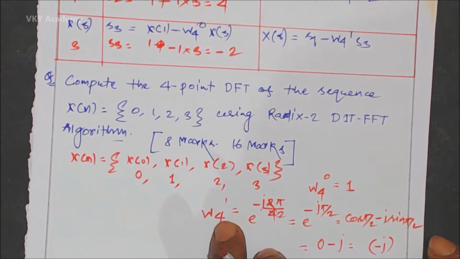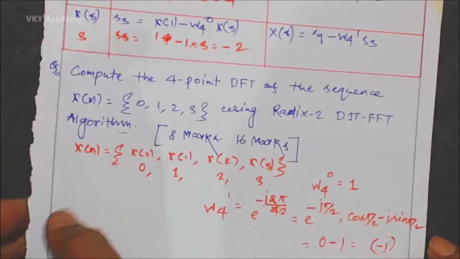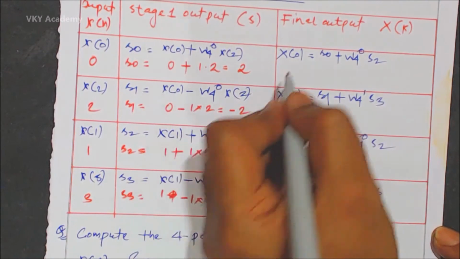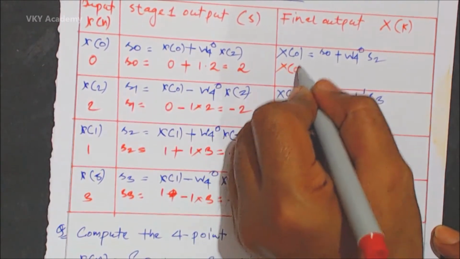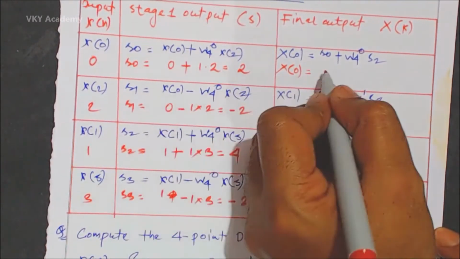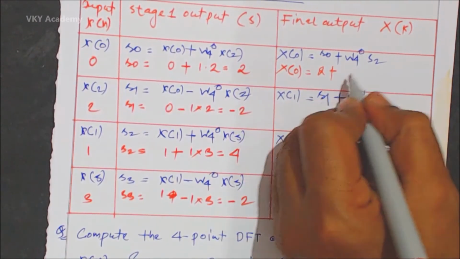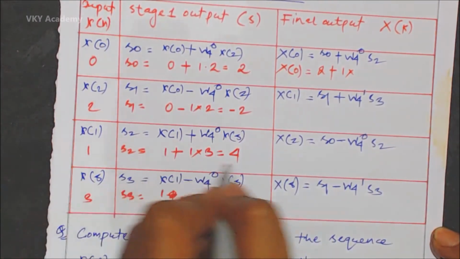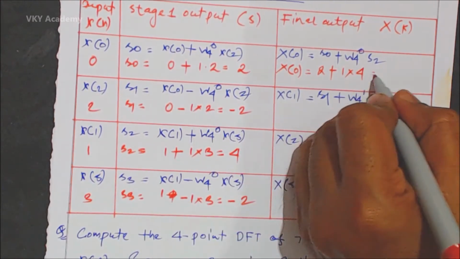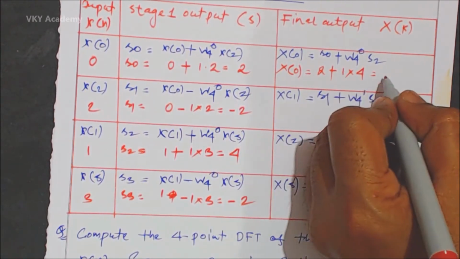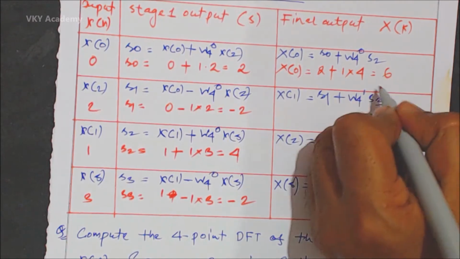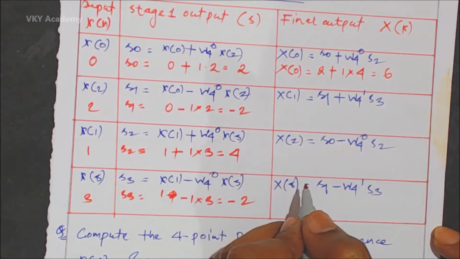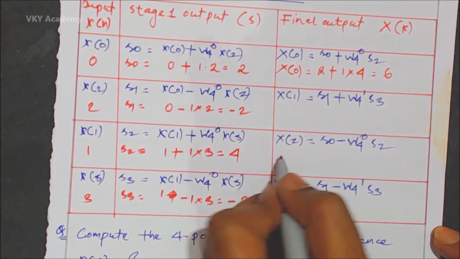So we have to put the value of W4 to the power 1 in the final stage output. Capital X of 0 can be calculated as S0, the value of S0 is 2, plus W4 to the power 0 is 1 into S2, S2 is 4, and it will be 4 plus 2, that is 6. Now capital X1. Before that, let us find out capital X2.